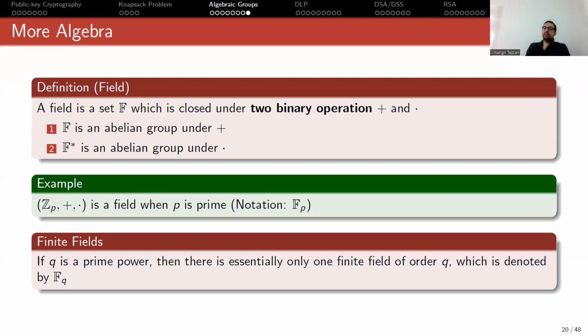This means that you can create a field with 1024 elements, but not a field with 6 elements. So choose any 6 elements, define any 2 operations. It won't be a group under both of them. That is what I'm claiming. So these are important. This is why generally we will be trying to find huge primes to create such a field and work on them in many areas of cryptography.